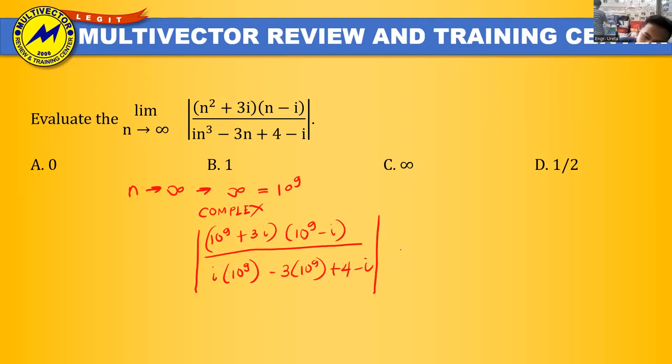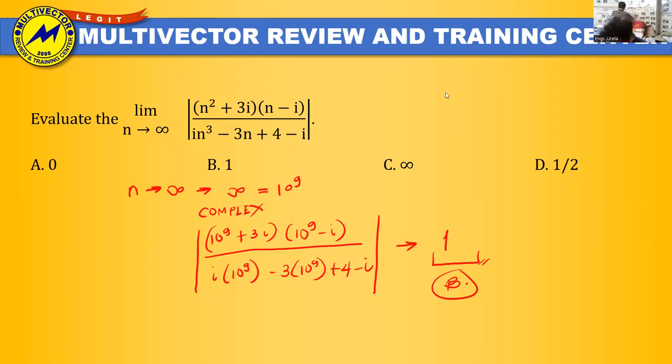Pag kinalculator nyo yan, kaya ni calculator yan kasi yung power ng ating imaginary number is less than 4. Ang magiging sagot niyan is 1. Okay, so letter B. Yun yung problem number 83 natin.